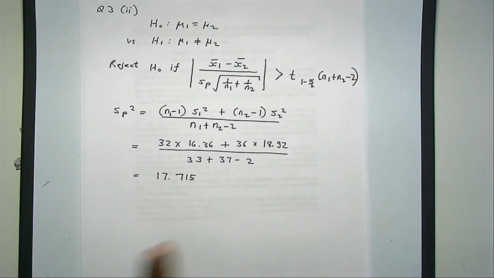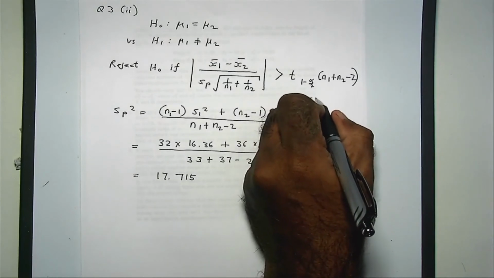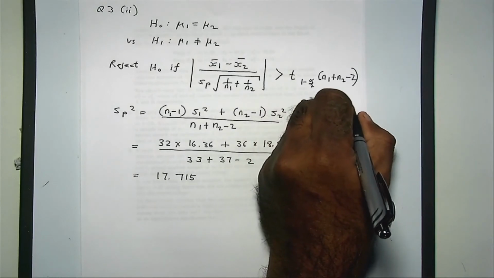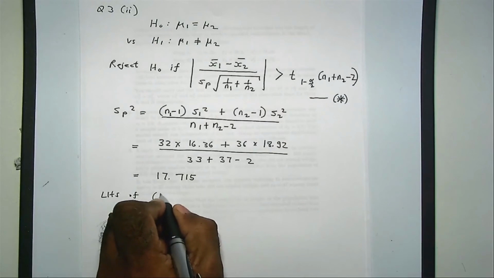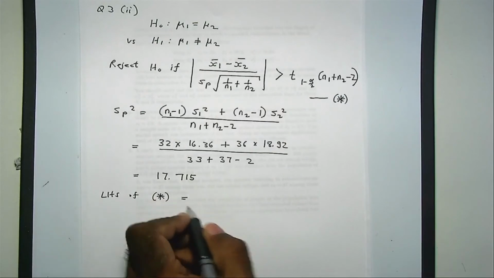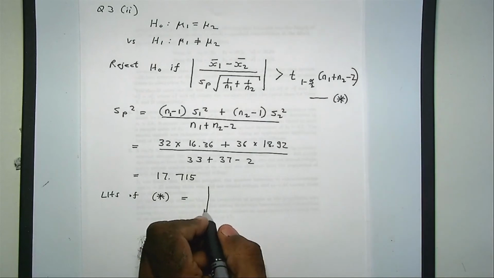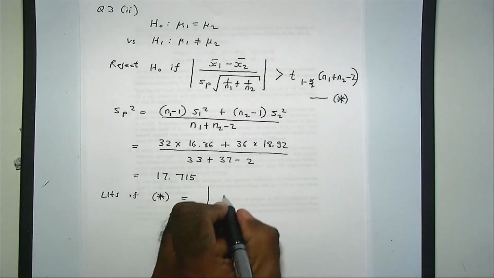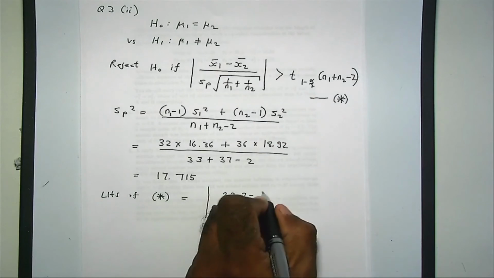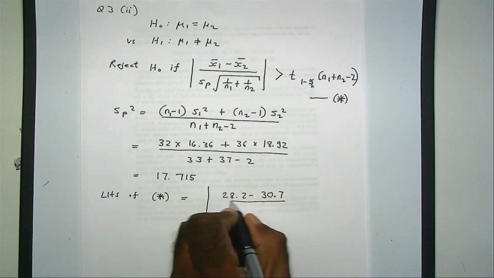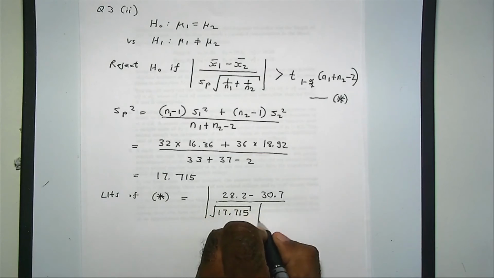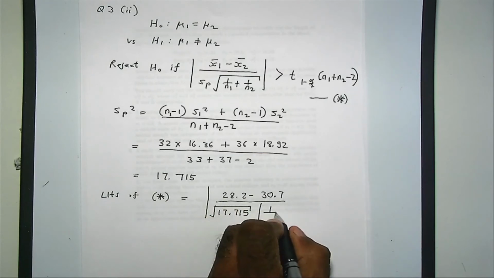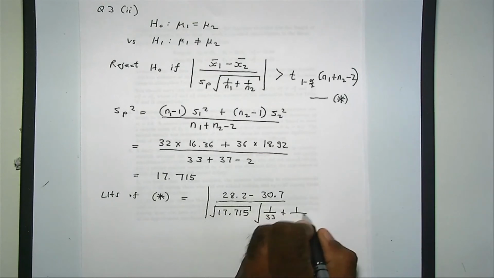All right. Now let me call this equation star. Now the left-hand side of star is equal to x bar 1, which we know is 28.2, minus 30.7, divided by SP, which is the square root of 17.715, then the square root of 1 divided by n1, 33, plus 1 divided by n2.